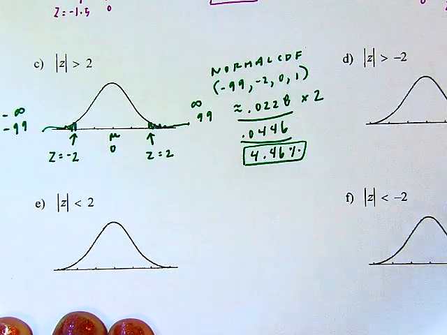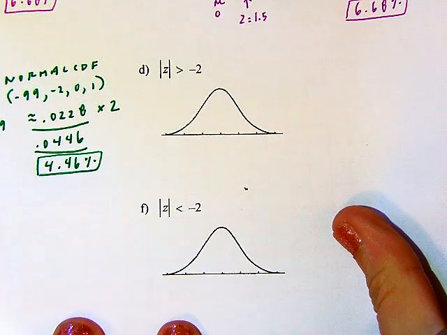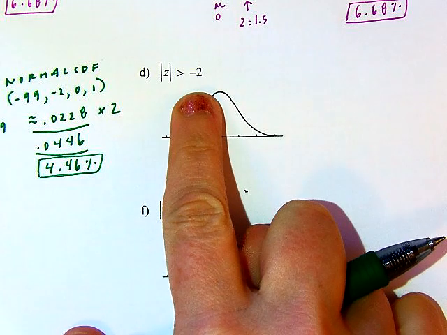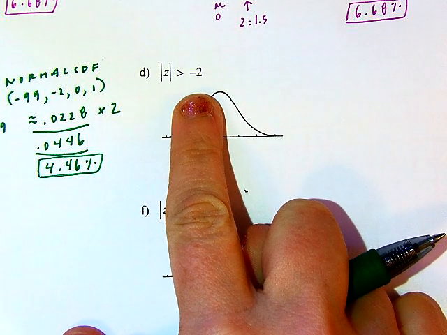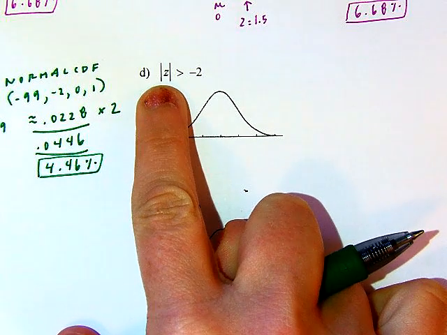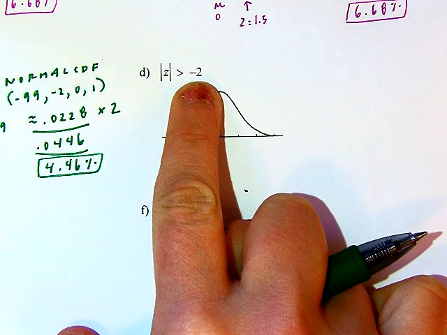Okay. Over here is one of our special variations. So here we're saying that our distance from the mean is more than negative 2. I can also conceptualize it as absolute value bars. I know that something forced positive is always going to be greater than something negative. You've heard me say that a lot.